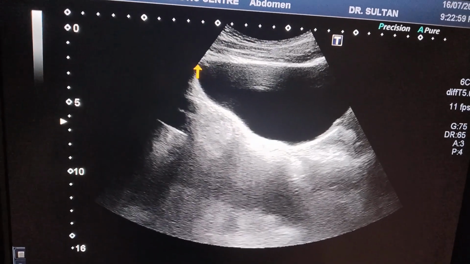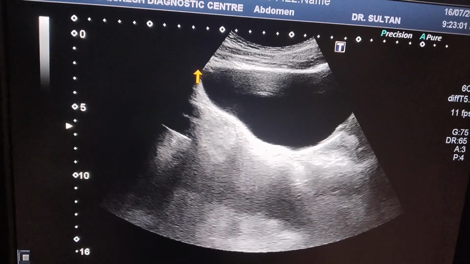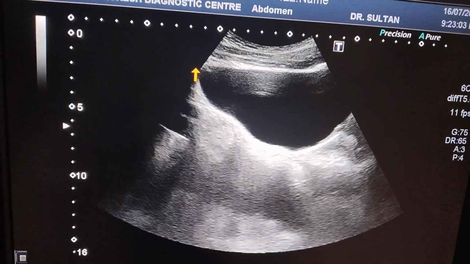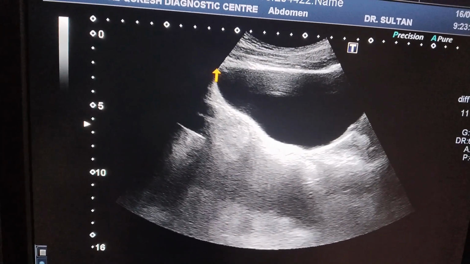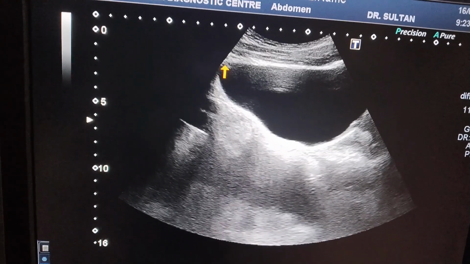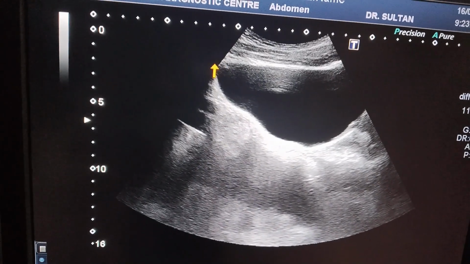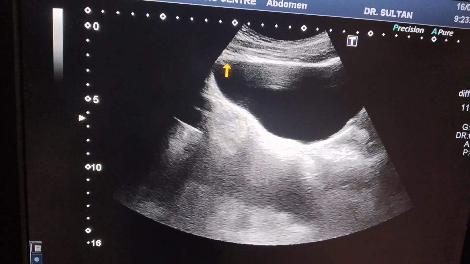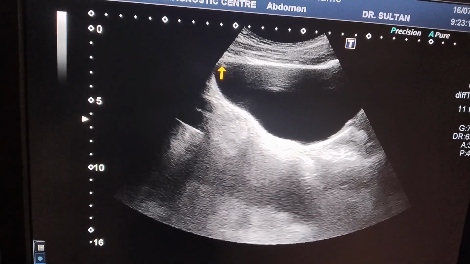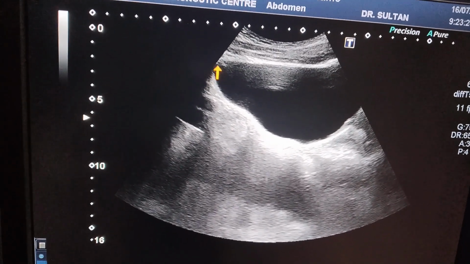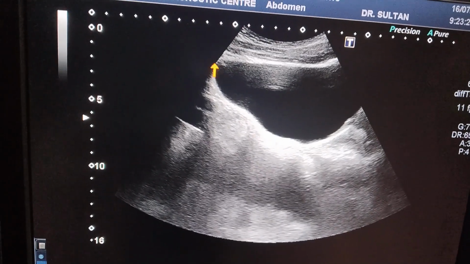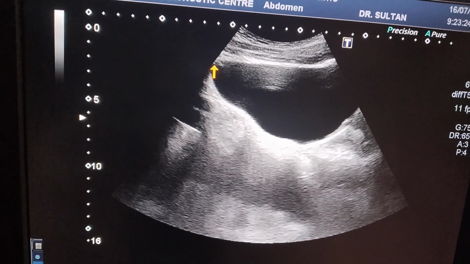So this is the specific place, this apex, where we can see the urachal anomalies: patent urachus, urachal cyst, urachal sinus, and so on. So this is the main point we have to remember, and we should evaluate when we are facing such a condition.